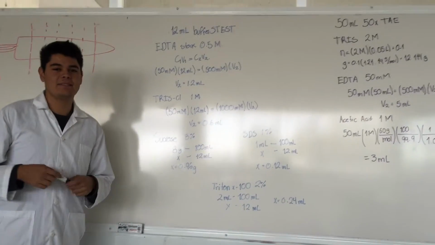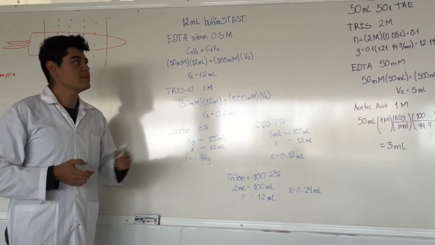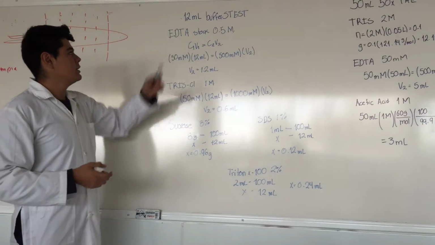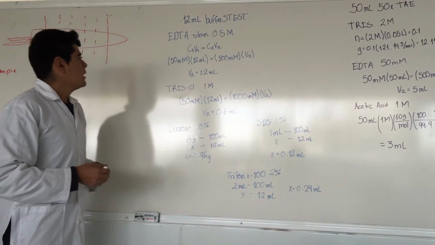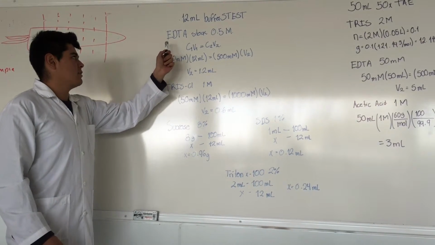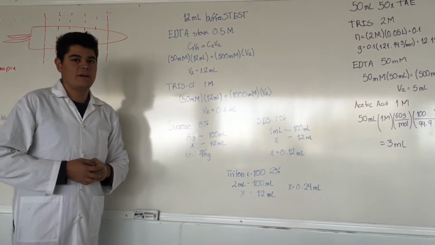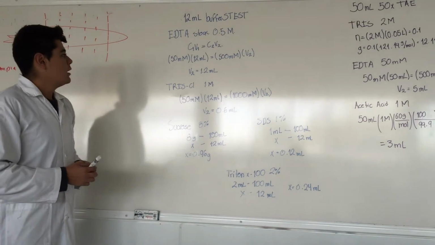In order to make the solutions, we need to make the calculations. First, for the 12 milliliters of buffer, what we made first, we used a stock of CTAB of 0.5 molar.